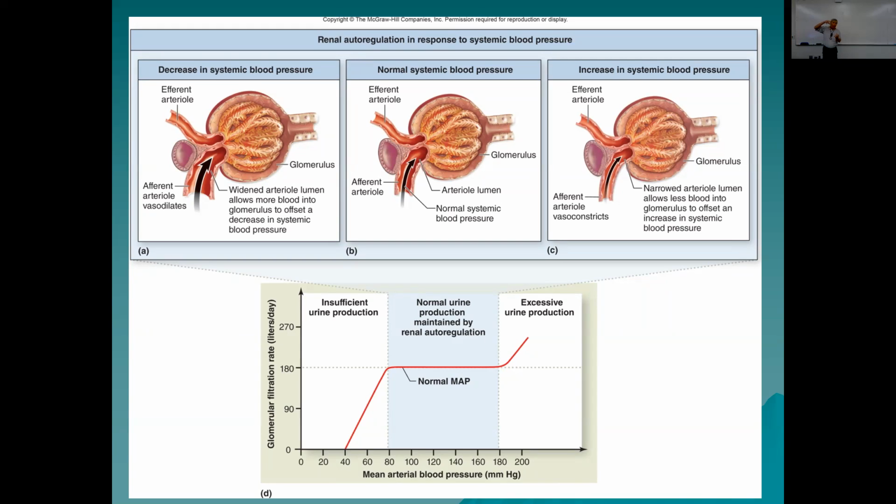It stretches the arteriole, so it reflexively constricts to keep GFR down, because if you had a really great amount of blood pressure, that would cause GFR to shoot up. So autoregulation helps maintain GFR constant over different blood pressures, too low blood pressure or too high blood pressure.